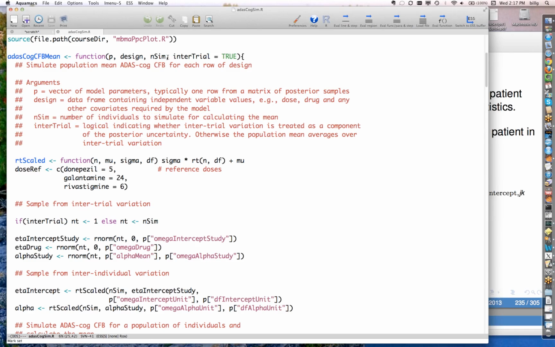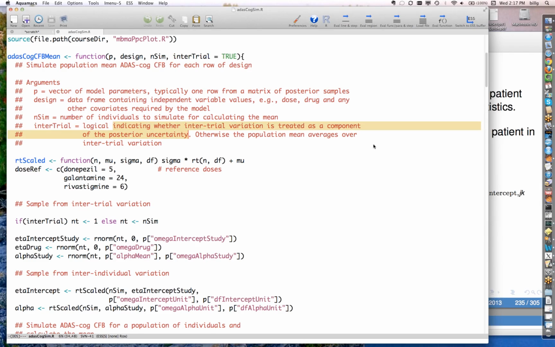And then finally, this is something I introduced last time too, is I've got this intertrial variable, which allows you to deal with the intertrial variation in one of two different ways, depending upon what you feel that intertrial variation represents. So in the case where intertrial is true, then it's pretty much what it's saying right here.